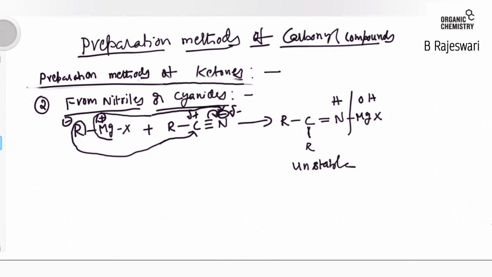Here 1 mole of water reacts in this fashion, and hydrolysis takes place here also, so that you get ketone. And 1 mole of ammonia is also formed.